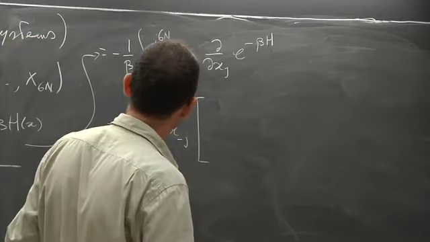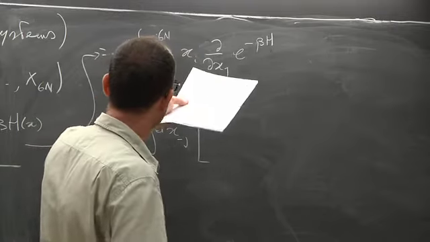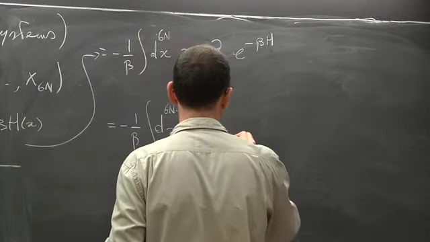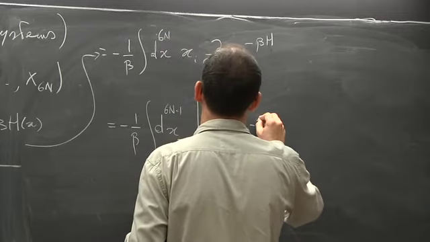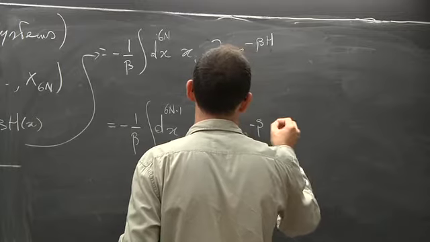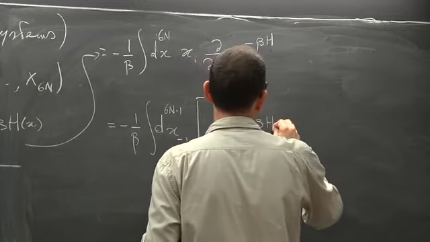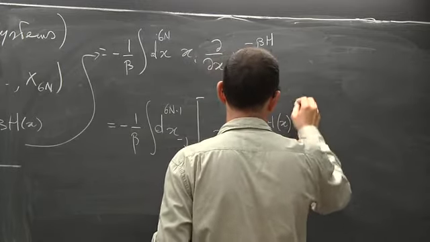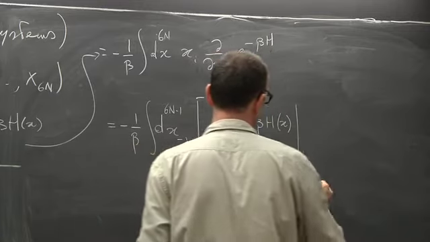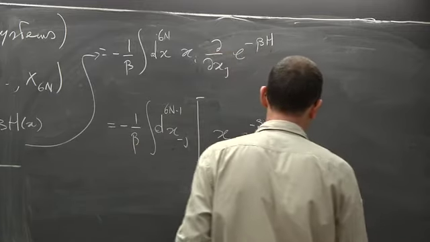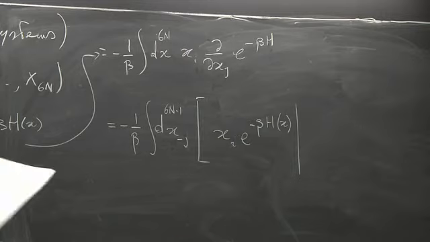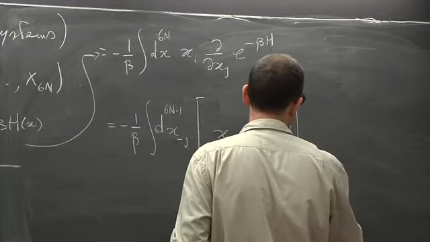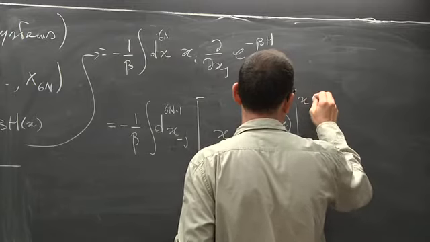I have the term with xi times e to the minus beta H of x, computed for xj between some extreme values x minus and x plus.